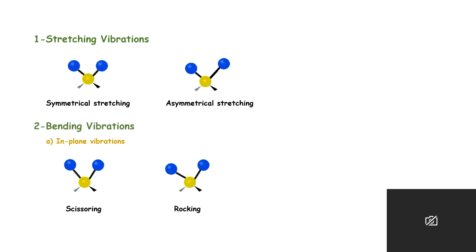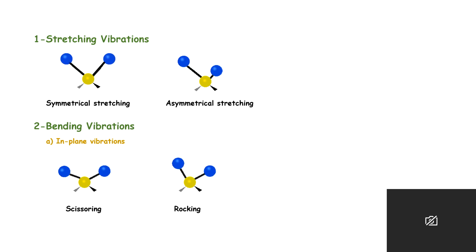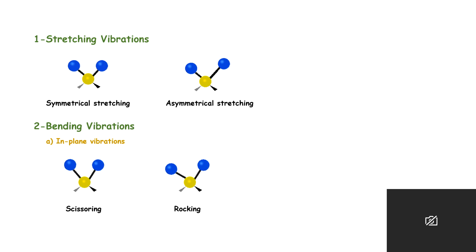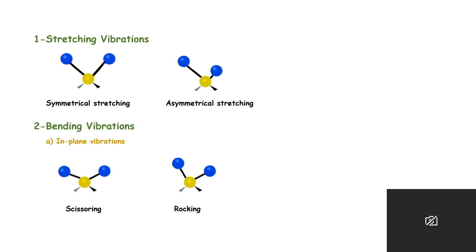The bending vibration is further divided into two parts. First is in the plane vibration. In the plane vibration means the bond angle changes in the same plane. The plane of the molecule or the bond is not changed. It is of two types. Scissoring: in scissoring, both the bonds either come towards each other or go away from each other. Whereas in rocking, both the bonds move in the same direction, either to the right or to the left.